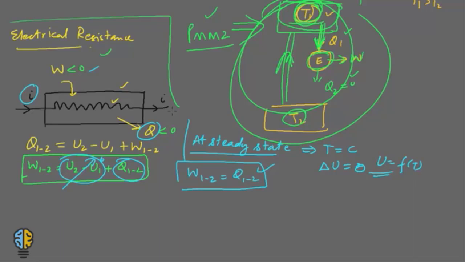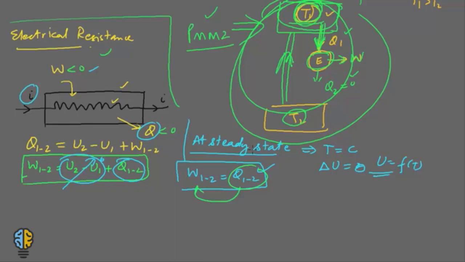Now the reverse of this process, that is the conversion of this heat into an equal amount of work, that is the electrical work, is not possible. Let us assume this is possible. Then the heat, which is Q12, will be absorbed and an equal amount of work will be delivered.